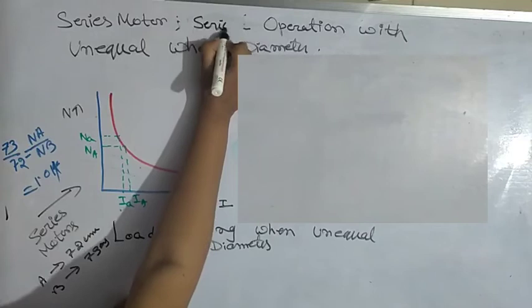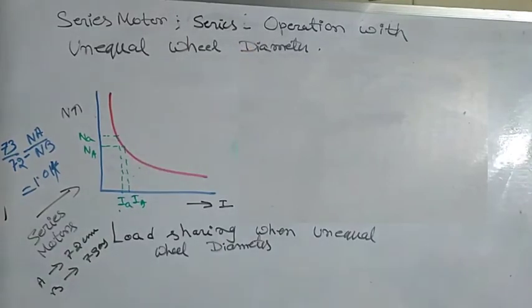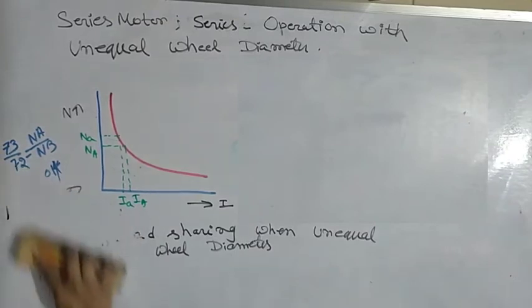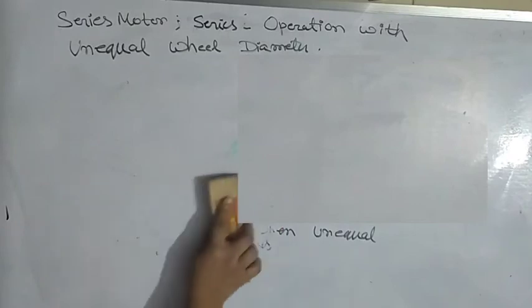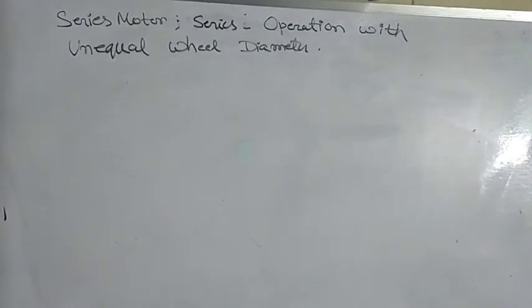Series operation. Now since the motors are connected in series, the current drawn by both the motors is the same. But due to unequal speed, the voltage drops across the two motors are different.